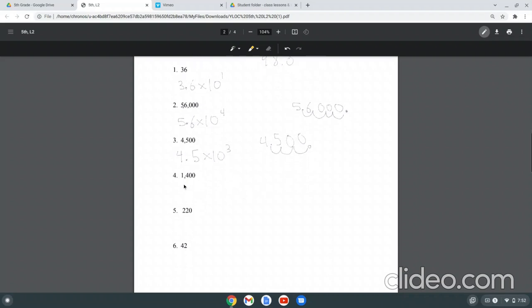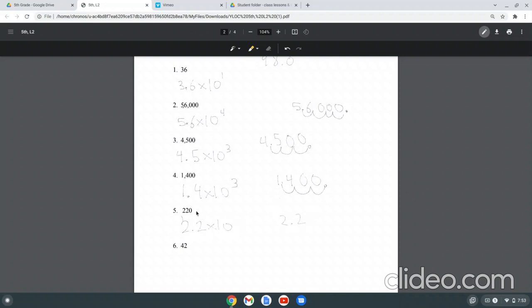Next, 1,400. 1.4 times 10. How many places will you move it to get 2 zeros? 1, 2, 3. Next, 220. So 2.2 times 10. It's always 10.